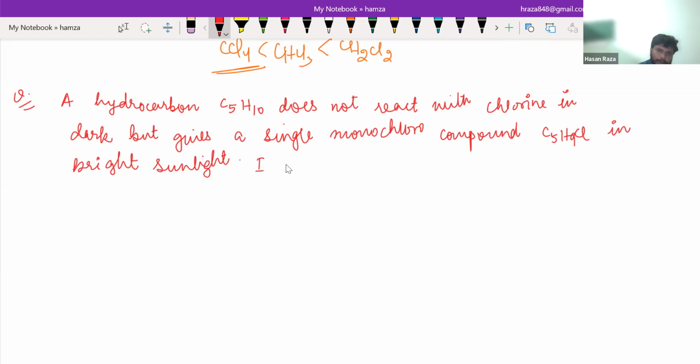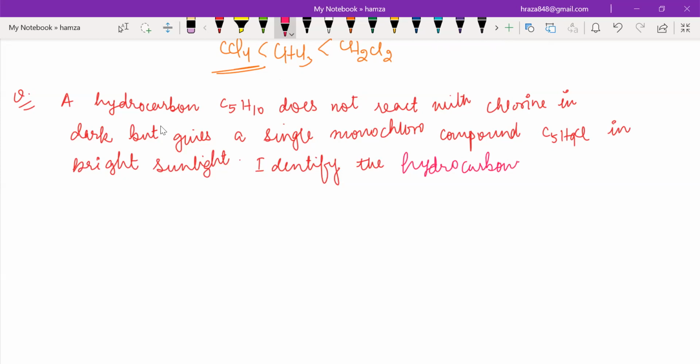Identify the hydrocarbon. The question is very easy if your basics are strong.